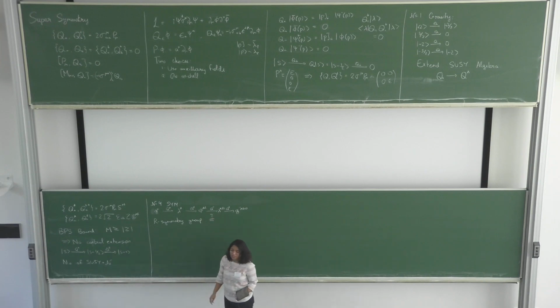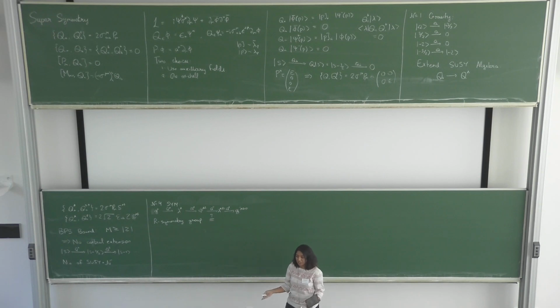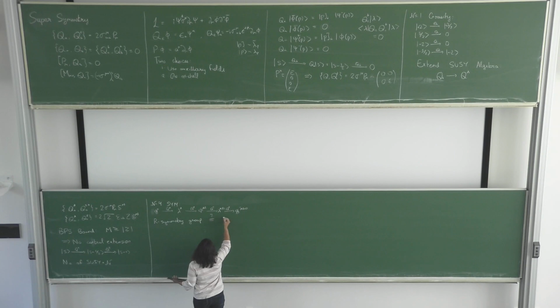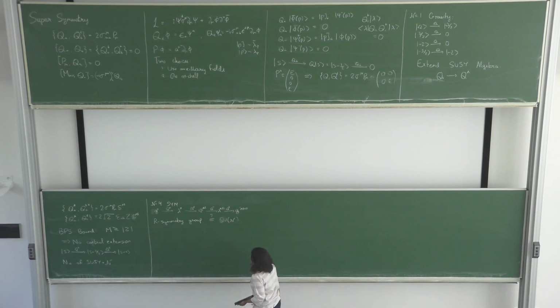Which is not, of course, to say that the interactions in the theory I'm building will preserve all of the R symmetry. It's just saying from an algebra point of view, this is a possible R symmetry group. So let me actually just look at SU(N) for the time being. Okay, so for super Yang-Mills, this would be SU(4)_R.